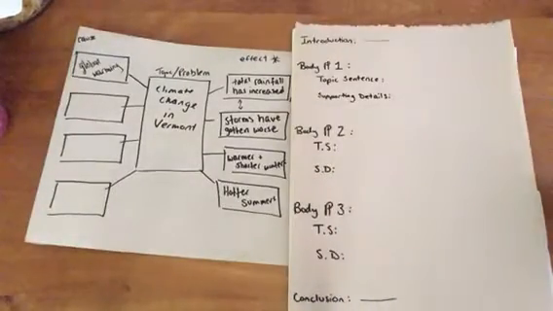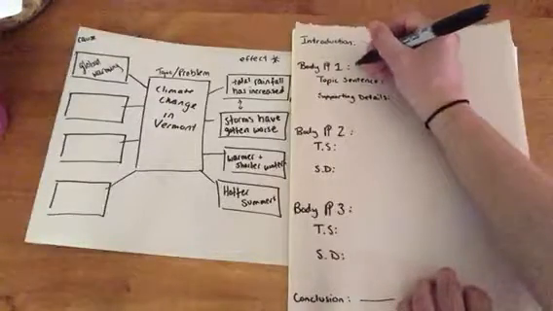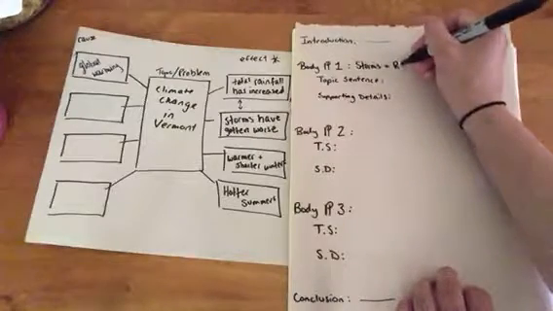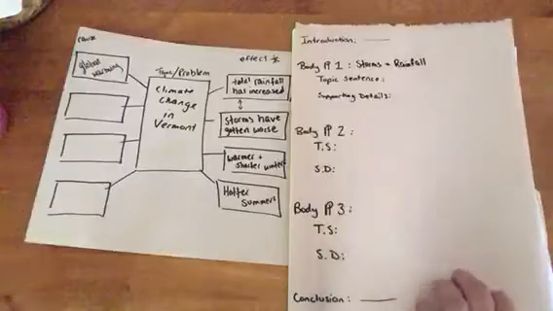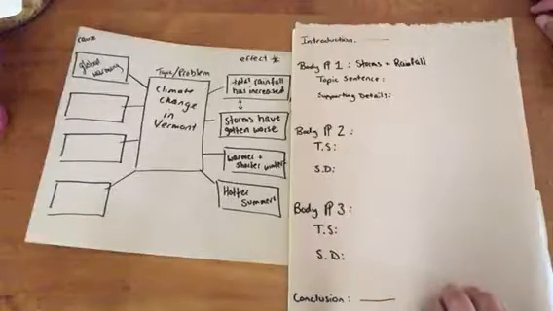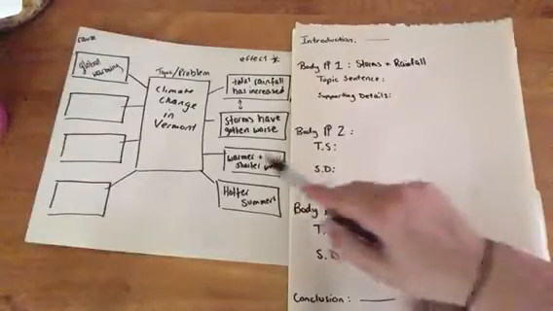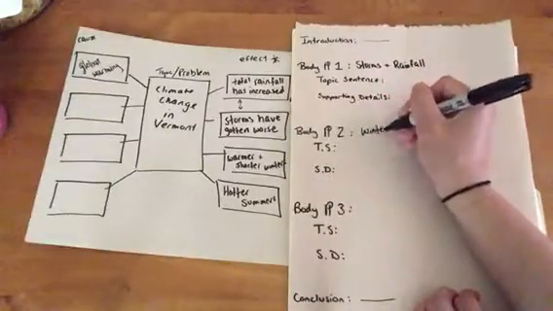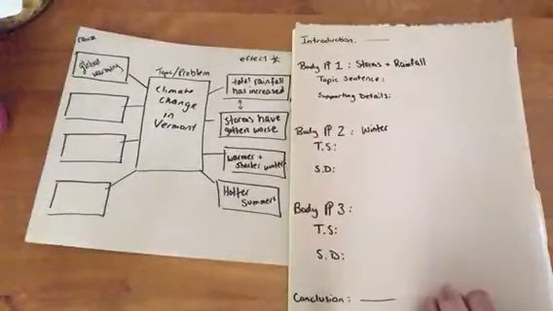So for body paragraph number 1, it's going to be about storms and rainfall. For my second paragraph, I'm going to talk about winter. And for my third paragraph, I'm going to talk about summer.